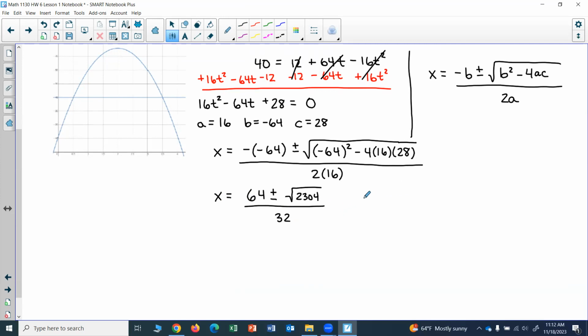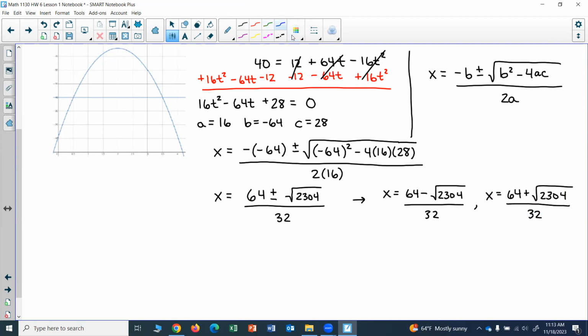So I've got two answers here. I'm going to have one with the plus and one with the minus. So I'm going to have x equals 64 minus the square root of 2,304, all divided by 32. And I'm going to have x equals 64 plus the square root of 2,304, all over 32.